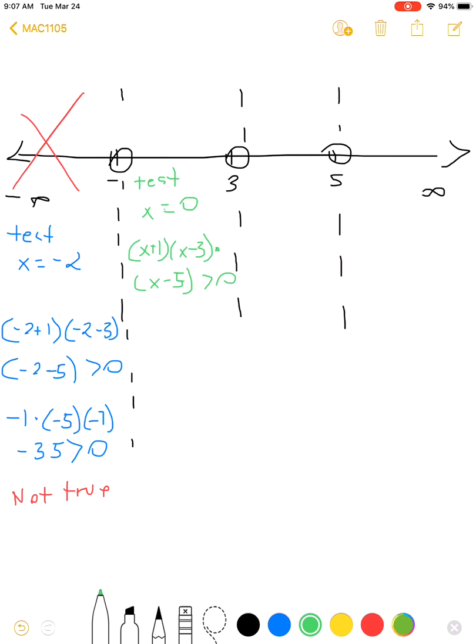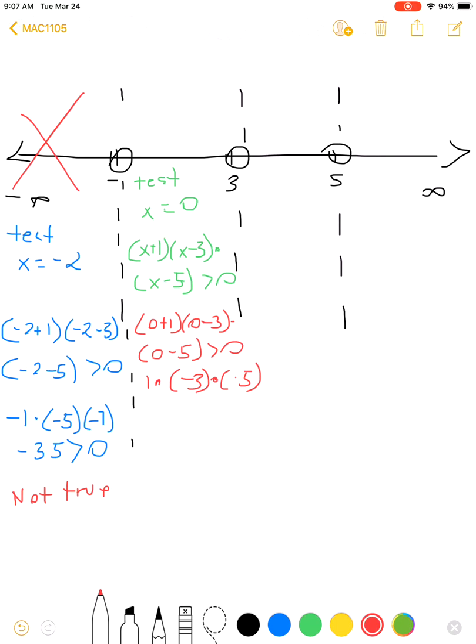So we have 0 plus 1, 0 minus 3, times 0 minus 5, and you just have to check if that's greater than 0. So you have 1 times -3 times -5.